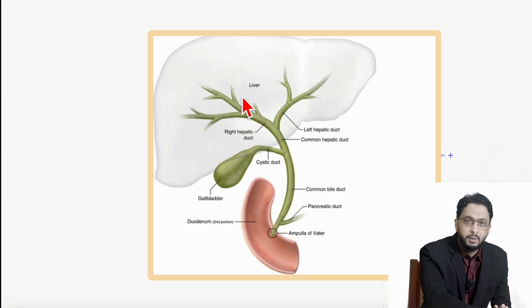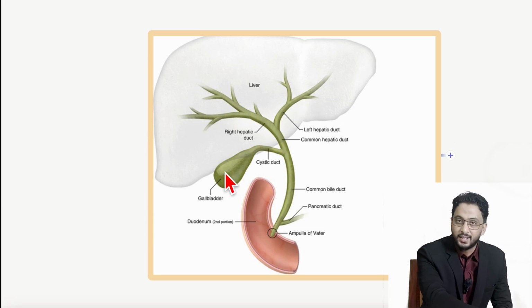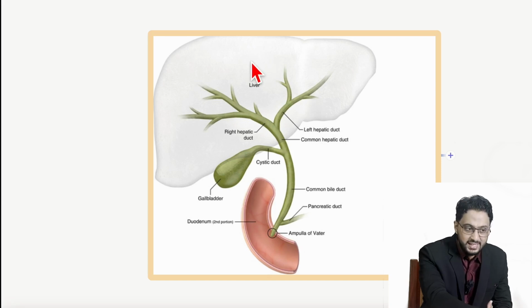Please note, though it says bile and all those things, don't think that the gallbladder is the one which synthesizes it. The gallbladder actually stores it; it doesn't synthesize it. The liver, specifically the hepatocytes of your liver, is the one which synthesizes it.